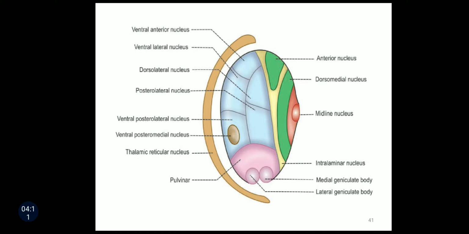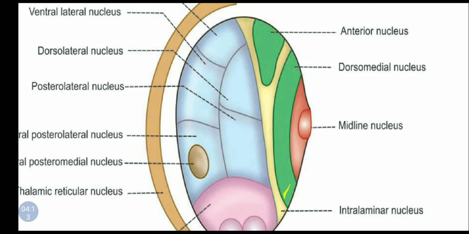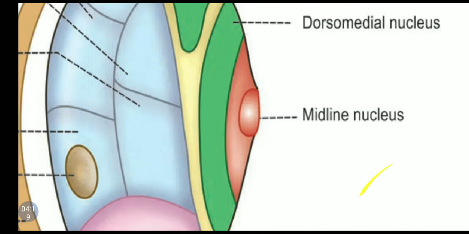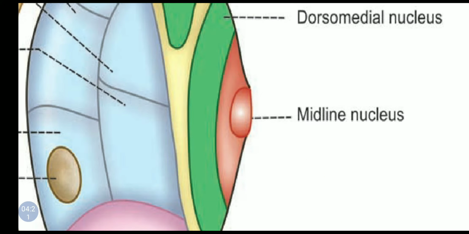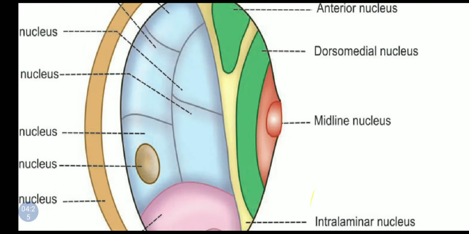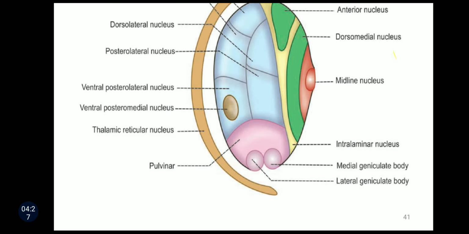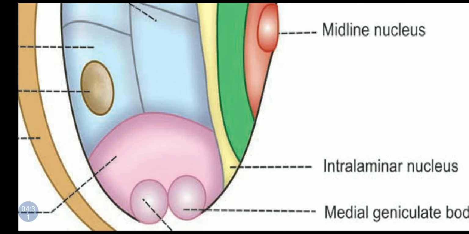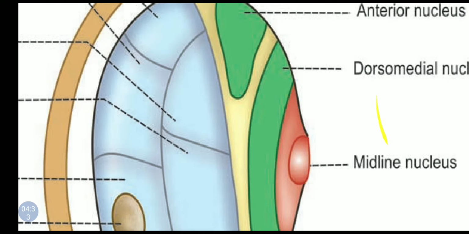Here you can see this diagram. The first group of nuclei is the midline nuclei. Then the second is the intralaminar nuclei, the yellow colored one here.